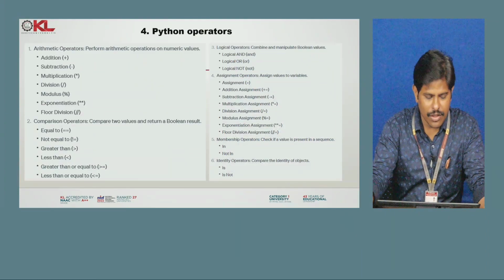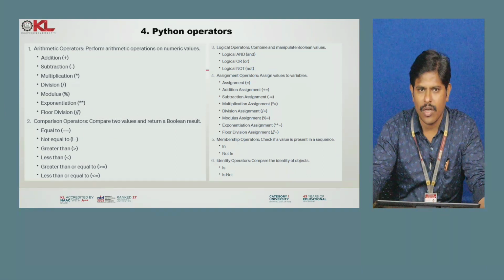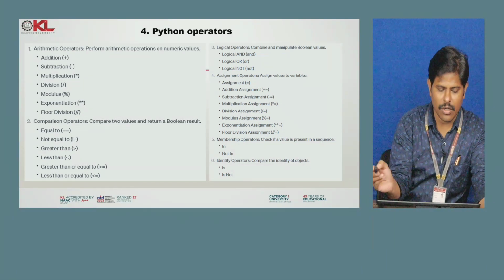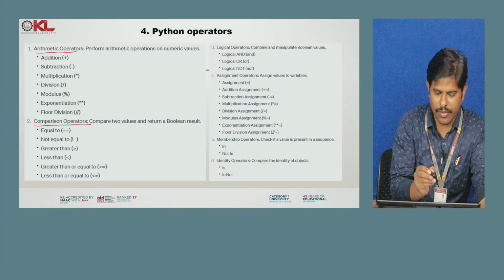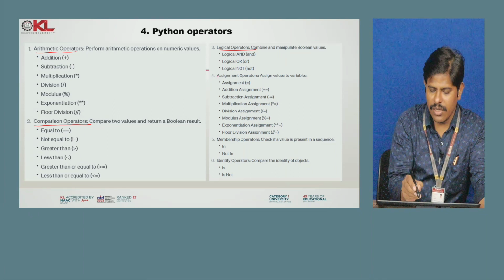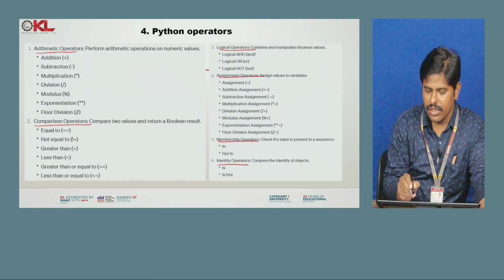So coming to the Python operators, as I told you, operators in all programming languages are almost the same here. There are 6 different types of Python operators available: arithmetic operators, comparison operators, logical operators, assignment operators, membership operators, and identity operators.